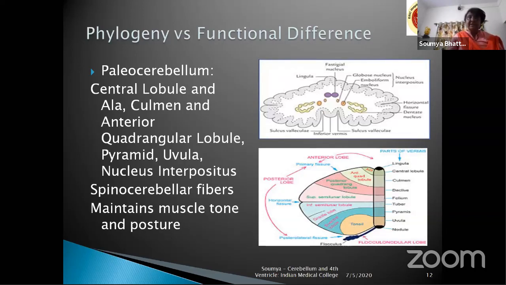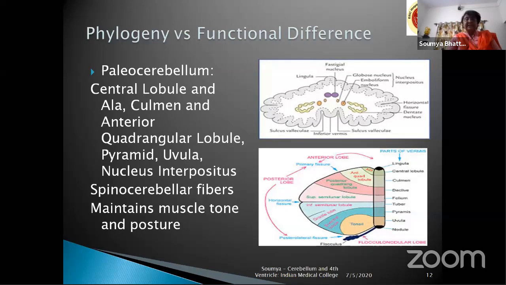So archi was the vestibulocerebellar, and this paleocerebellum is by the spinocerebellar fibers. So what are the parts here? The central lobule, ala, culmen, and anterior quadrangular lobule. Then the pyramid, uvula, and nucleus interpositus, that is the globose and the emboliform.